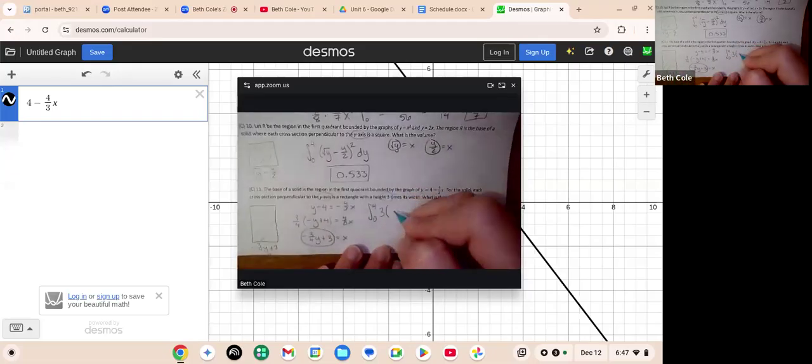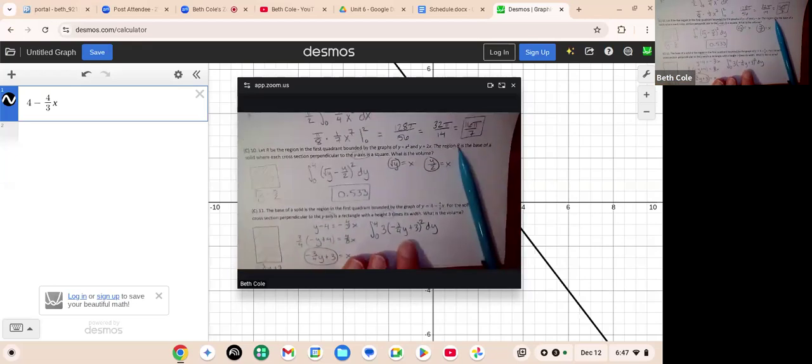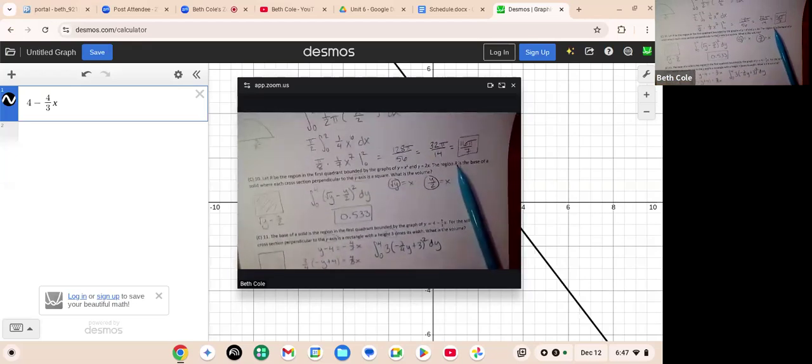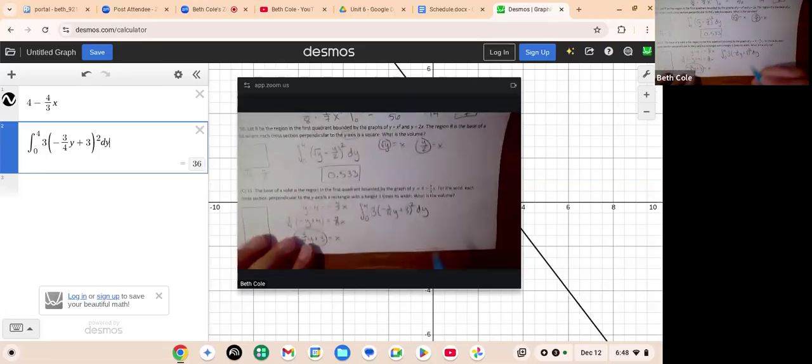So I want to have 3 times that stuff squared. You can write it out twice if you want to, but this is less writing and a little bit cleaner. All right, and it comes out to 36.